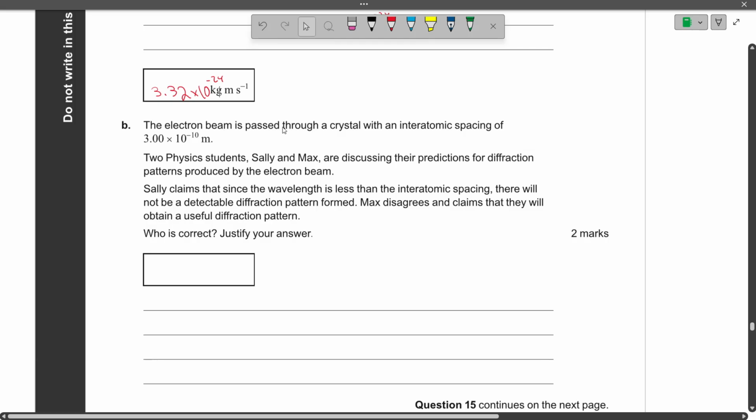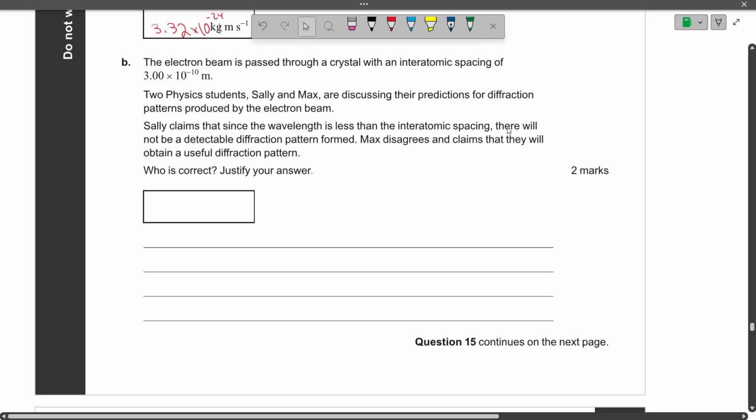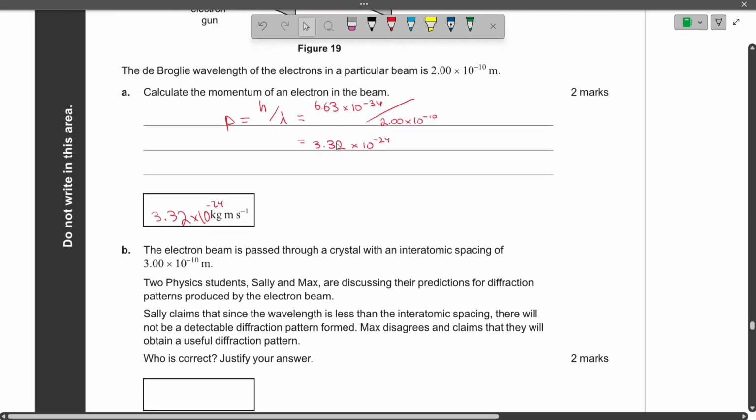B. The electron beam is passed through a crystal with an interatomic spacing of this. Two physics students, Sally and Max, are discussing their prediction for diffraction patterns produced by the electron beam. Sally claims that since the wavelength is less than the interatomic spacing, there will not be a detectable diffraction pattern formed. Max disagrees and claims that they will obtain a useful diffraction pattern. Who is correct? Let's compare the spacing to the actual wavelength.